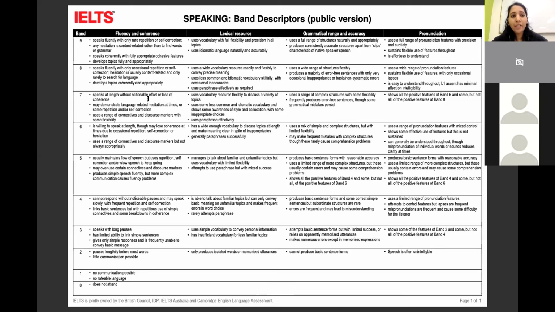So fluency means you can speak at length without breaking. It doesn't mean you can't pause even to breathe or to swallow, but it means that you can converse at length, speak for a long time, and speak without pausing to think about words. For example, if I'm talking and I forgot the word for lunch.